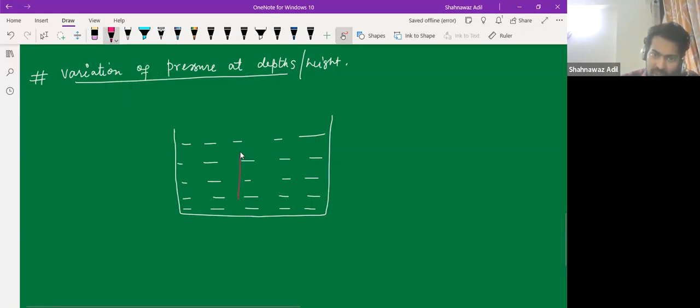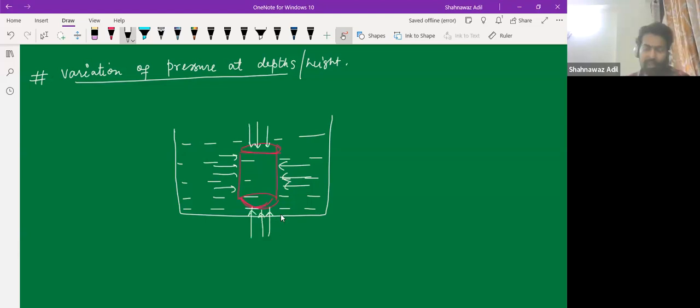So this object is immersed, and this liquid is experiencing a force, pressure from this side, pressure from this side, pressure from this side, and pressure from this side, because the pressure is uniform. So the object experiences pressure on all sides.